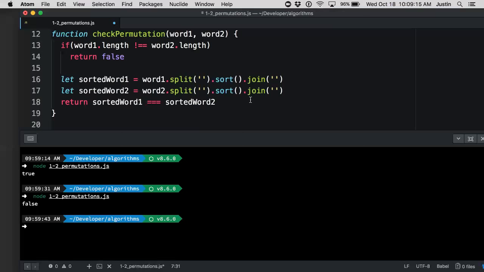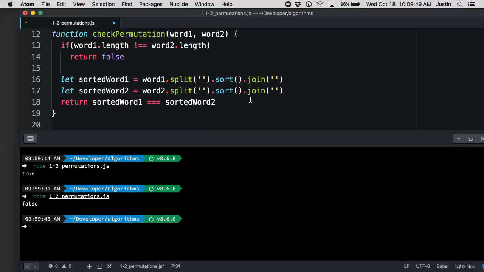Calling split and calling join causes us to go into another function, and also demands that the memory space to handle whatever happens in split and join actually exists. So I don't know if that's negligible in our time complexity. Not negligible.